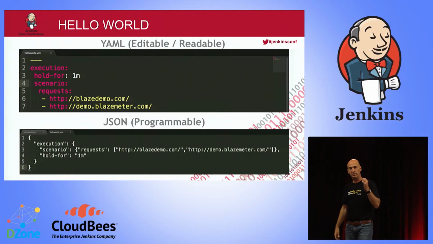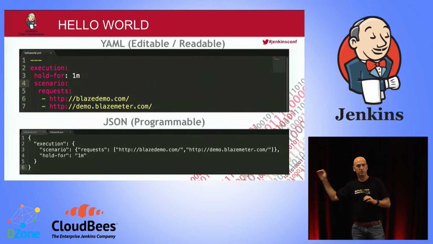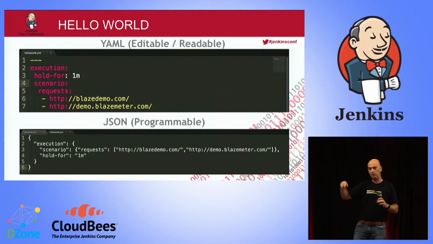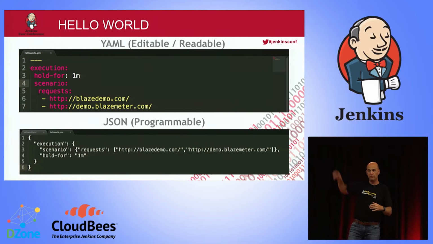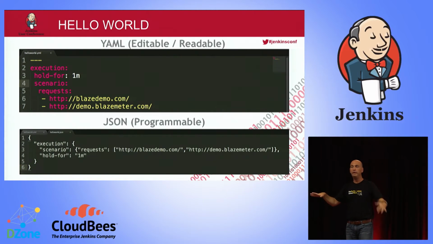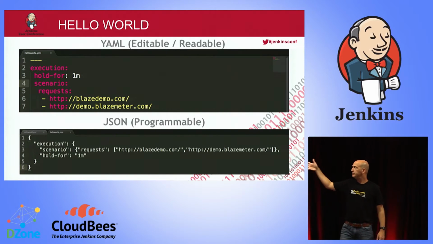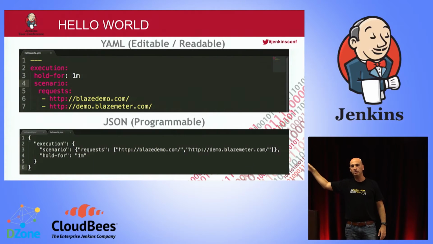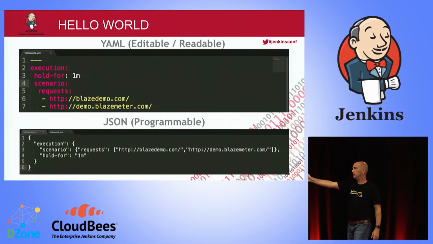A load test will run for 1 minute, hitting the 2 URLs with no sleep time in between for 1 thread. But you can now define more threads, ramp-up period, iterations maybe, throughput, step-up functions, meaning you can go all the way, but it's as easy as adding the simple URLs into the list. Okay? And again, YAML and JSON.